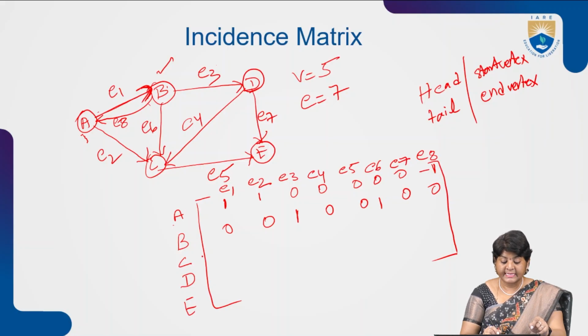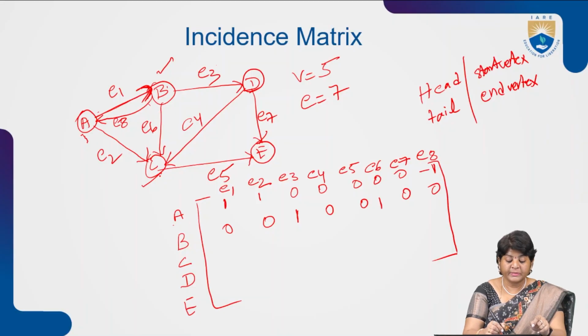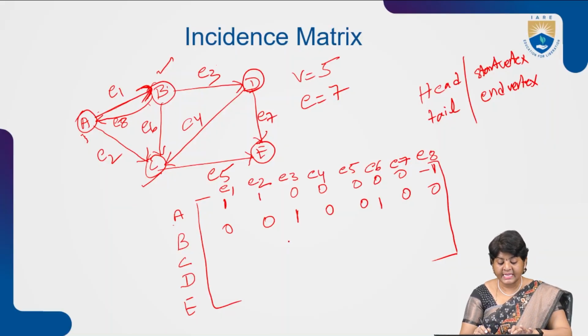And now when we come to vertex C, the connections are projecting from A to C, B to C and D to C. C is acting as an end vertex. So wherever the edge connections are established, we need to mark it as -1. So E2 needs to be indicated as -1, E6 as -1 and E4 as -1.